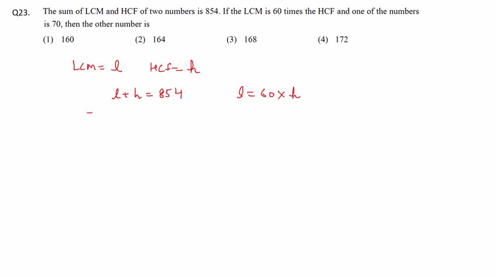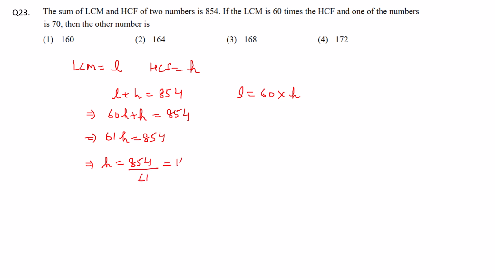So L is 60H. So that I'm going to substitute here. So 60H plus H equal to 854. So from here I will get 61H equal to 854. So H will be 854 divided by 61.